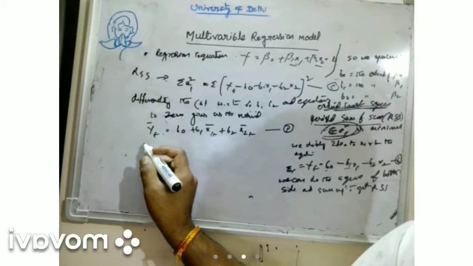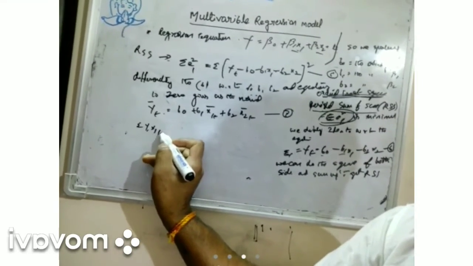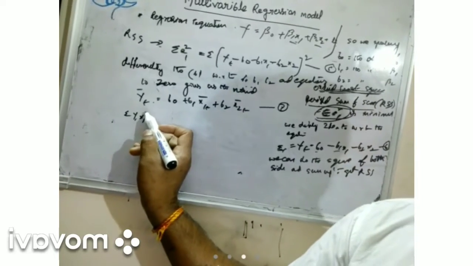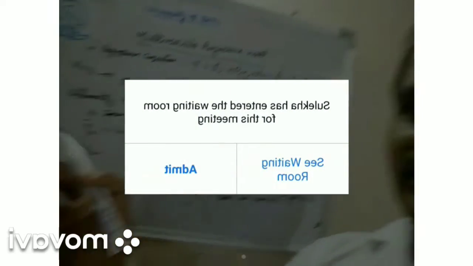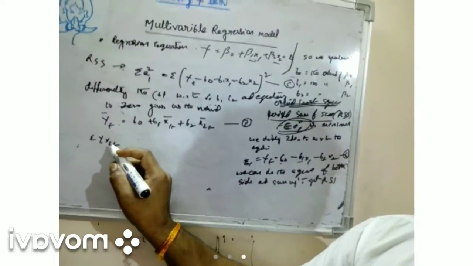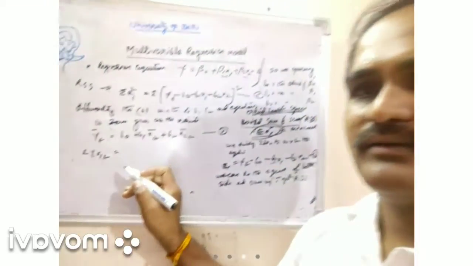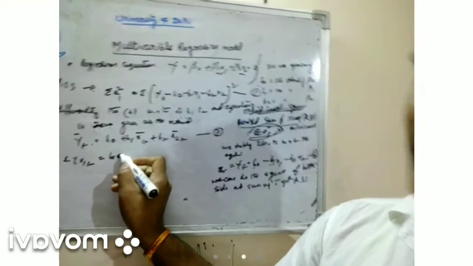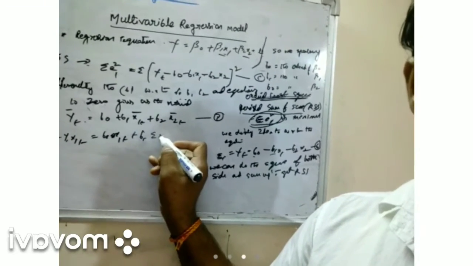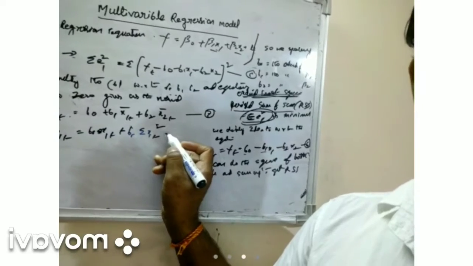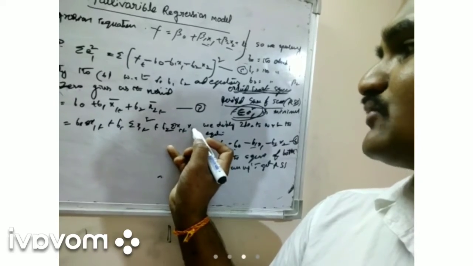What about the other? If we wanted to know the sum of yt x1t, where x1 is the explanatory variable, it equals b0 sigma x1t plus b1 sigma x1t whole square plus b2 sigma x1t x2t.